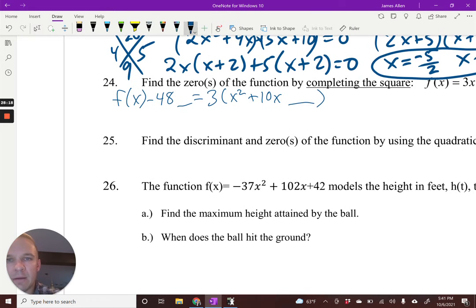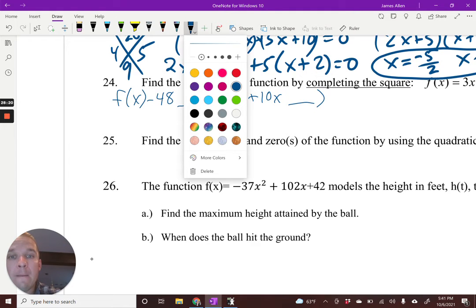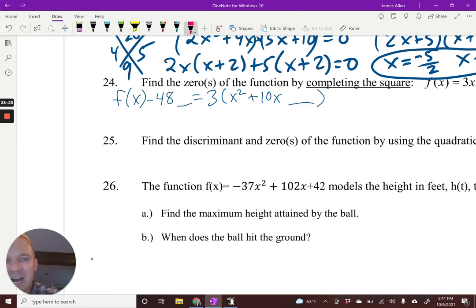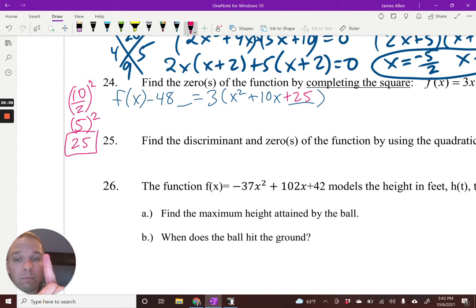So b divided by 2, which is 10 divided by 2, squared. That's 5 squared, which is 25. That's what I'm adding to both sides to complete the square. Wait, that's not what I'm adding here. 75.